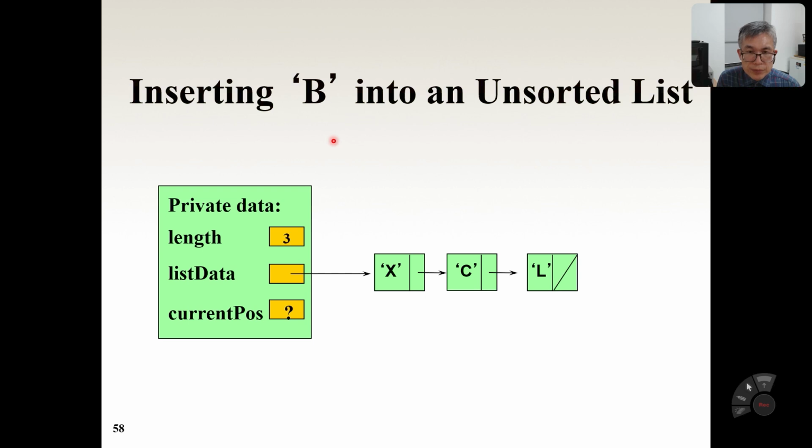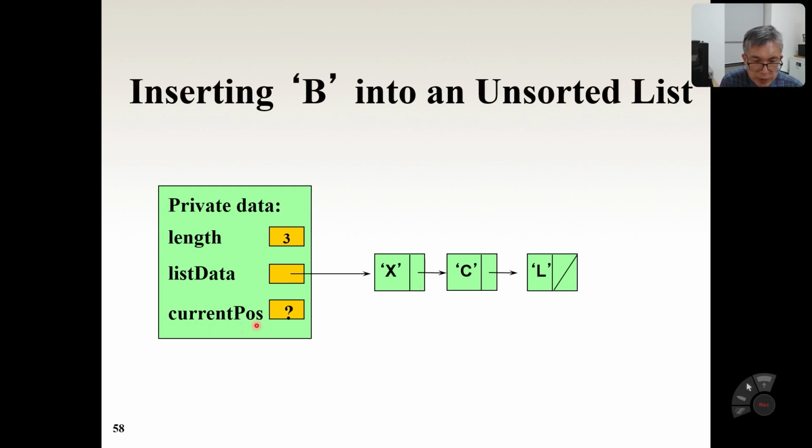So now we insert the character B into the unsorted list. This is the current situation. The length is 3, the list has three items, and list data points to the latest added item.